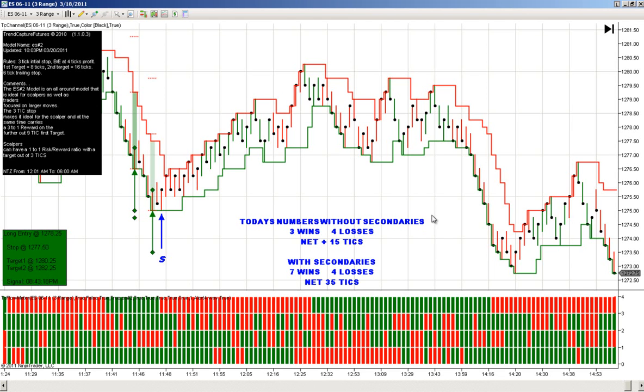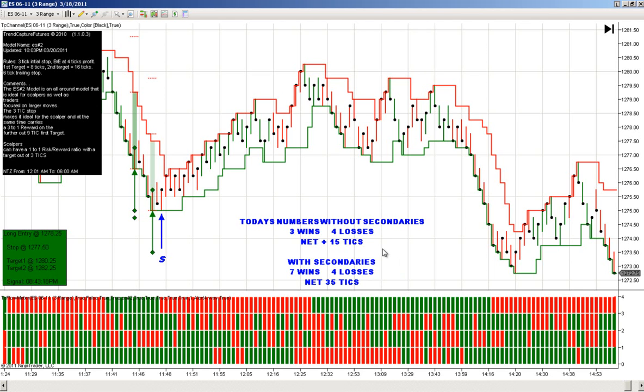You're talking about having more losing trades than winning trades for the day, but walking away with almost 4 points of profit, which isn't really bad, considering you're just shooting to get 2.5 points a day. That's pretty damn good. But add a little fuel to the fire with the secondaries, it went 7 wins and 4 losses, and it netted 35 ticks. So you can see some of the advantages of using the secondary signals.